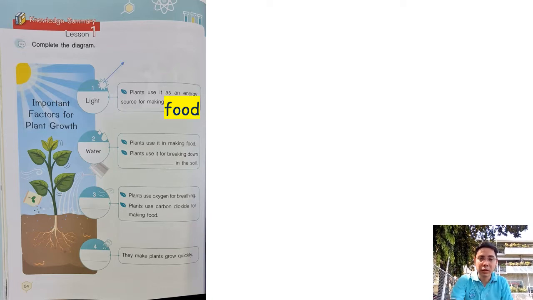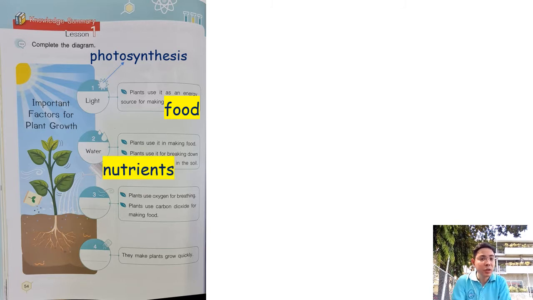Light will make the plants make photosynthesis. It is the process from the light absorbed by the plants to make food.